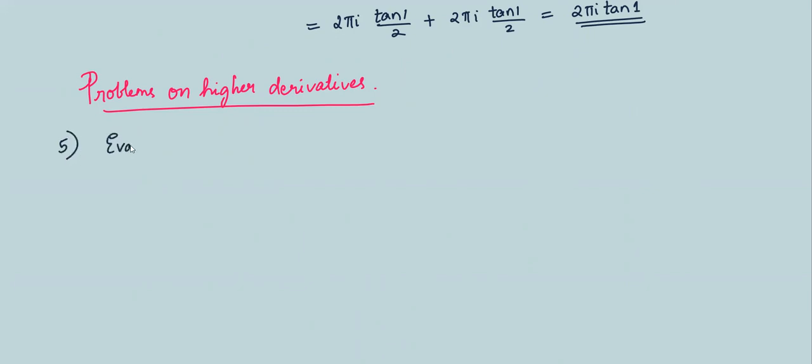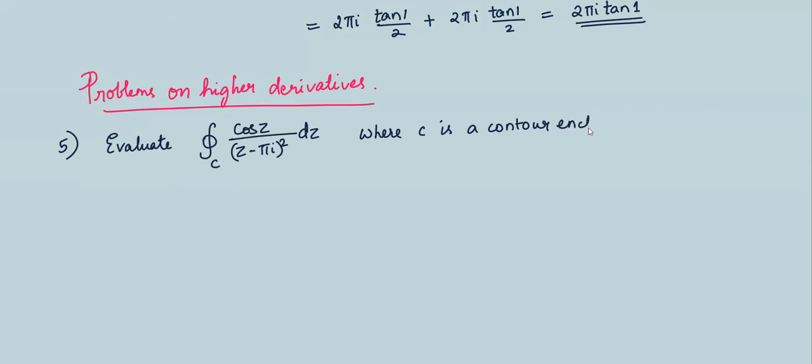Evaluate the integral over the closed path of cos z upon (z minus pi I) whole square dz, where C is a contour enclosing z equal to pi I.